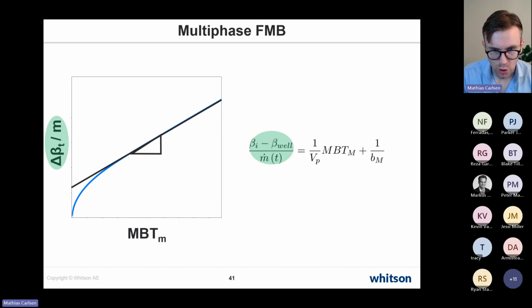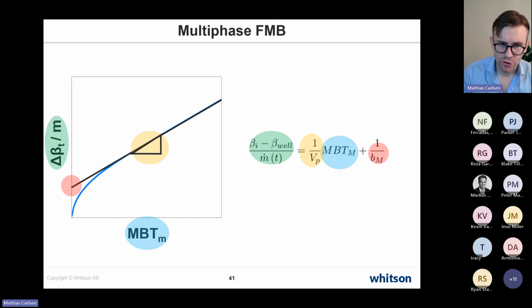And you see from the equation to the right that if I plot material balance time, it's actually mass material balance time, not volume, versus this value on the y-axis, I get an intercept, and the intercept is basically 1 over bm. We'll ignore that. We don't really use that for the VP calculation. And then the VP itself can be resolved from the inverse of the slope right here. So that's how the pieces are moving together.